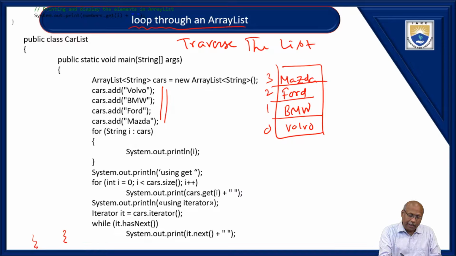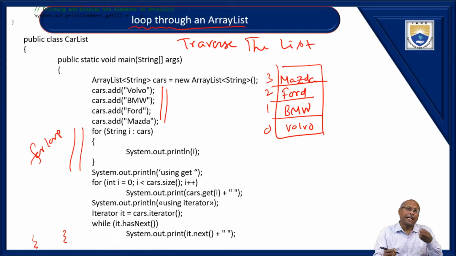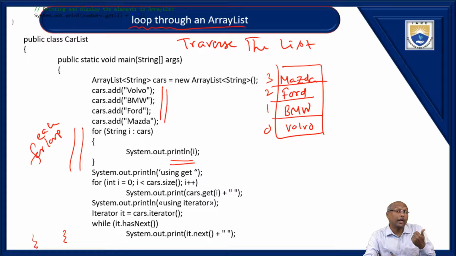To display this, there are different techniques. This is called the extended for loop. Using for loop, you can traverse item by item. This is also called the for each loop. For each item of the list, I am getting and printing. In the previous program we used the get method, where you have to specify the index.